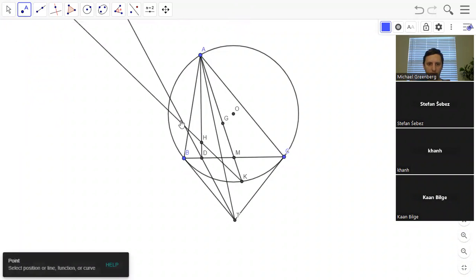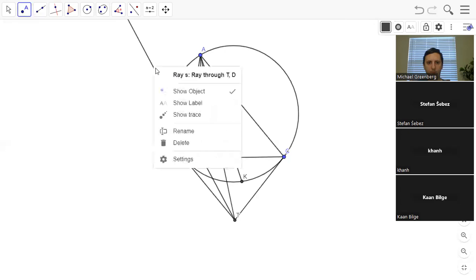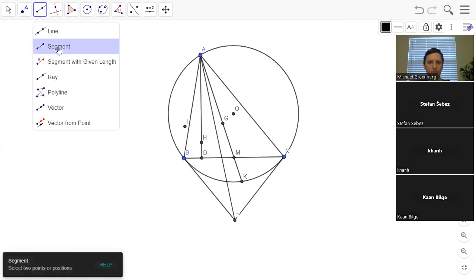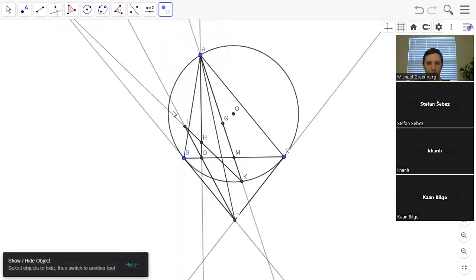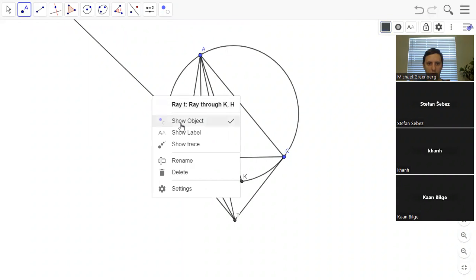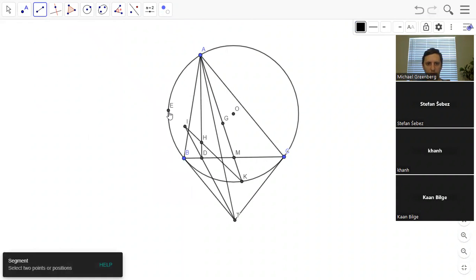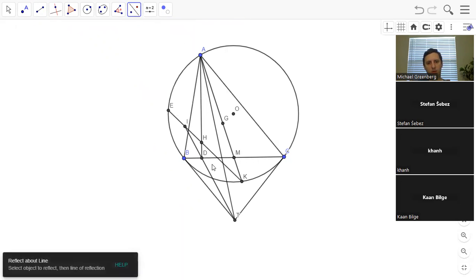Okay, let's call that point I, like the previous one. First I'm going to let HI meet the circle again at another point, and HD meets the circle at another point.